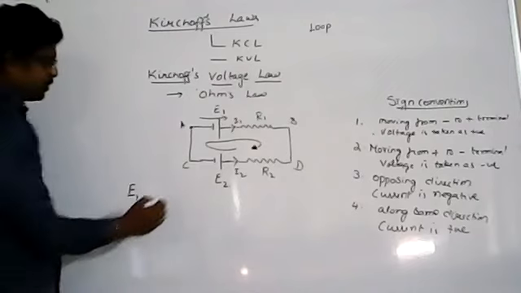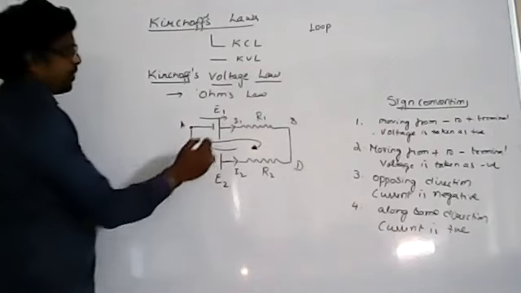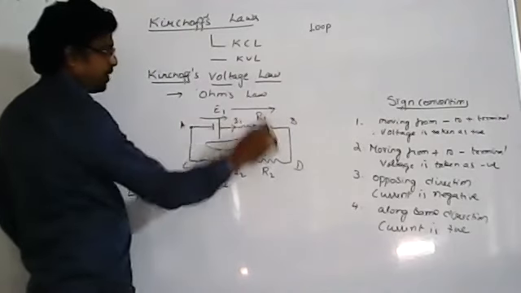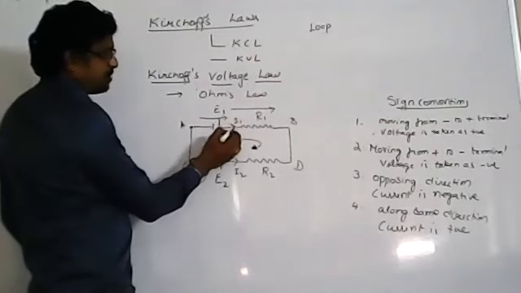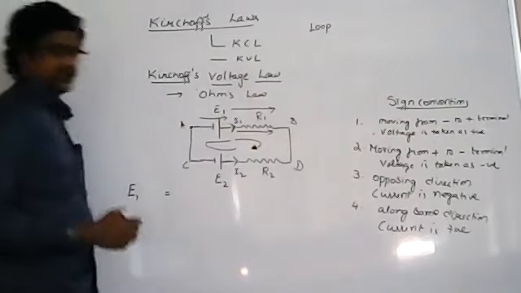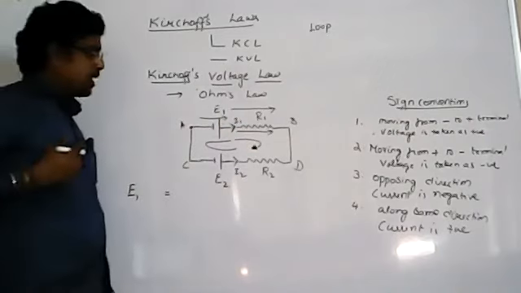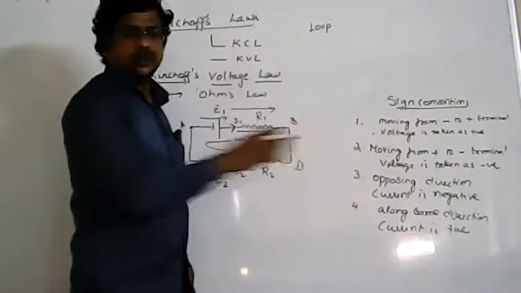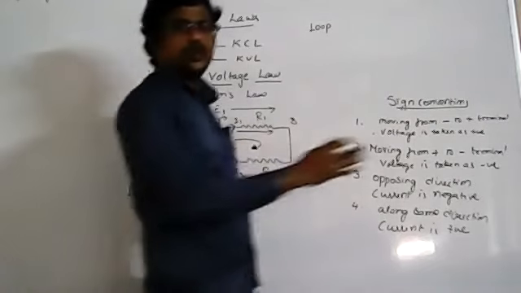E1. It should be taken as positive. That is equal to, I am moving like this. I1 is the current which is also moving in the same direction, along with me.